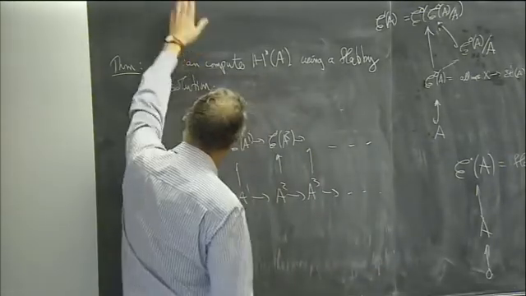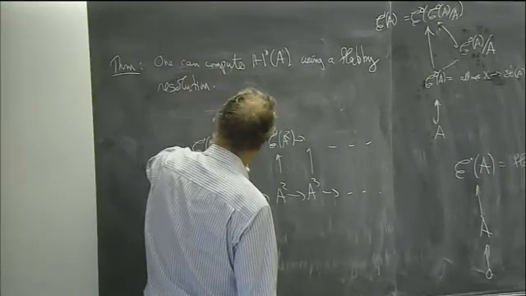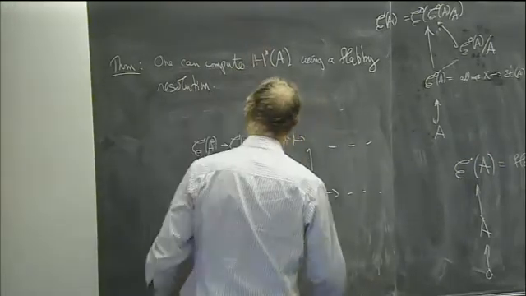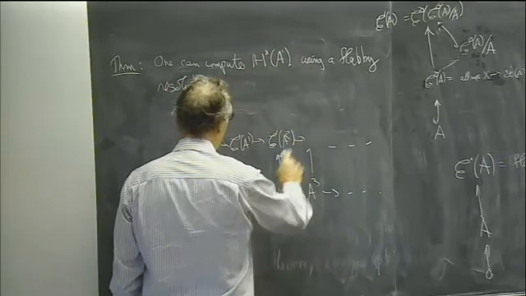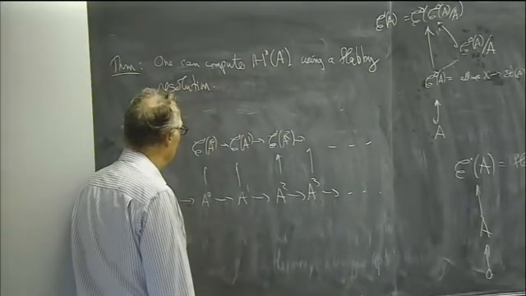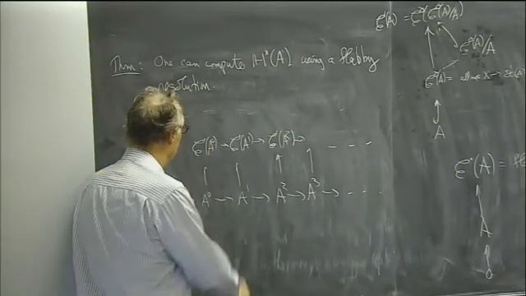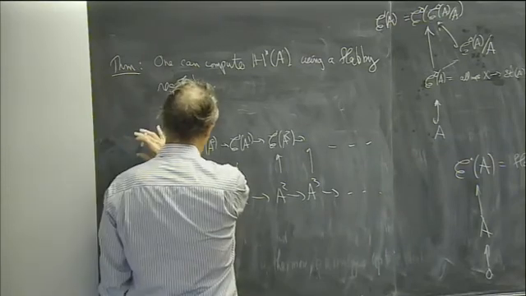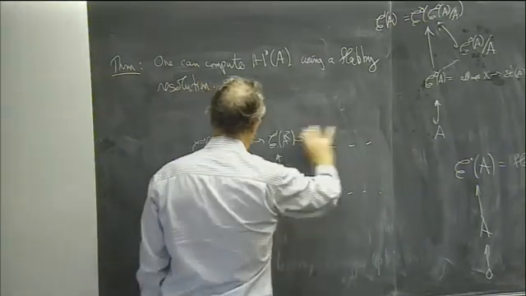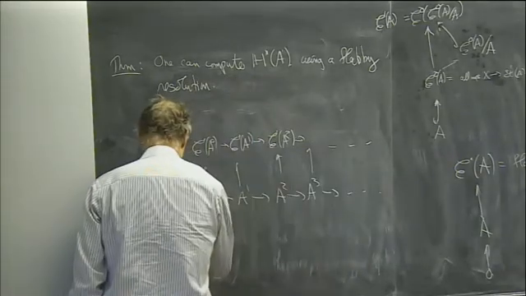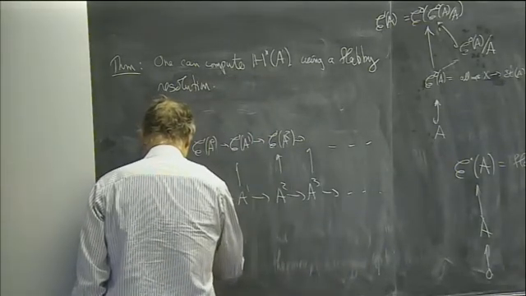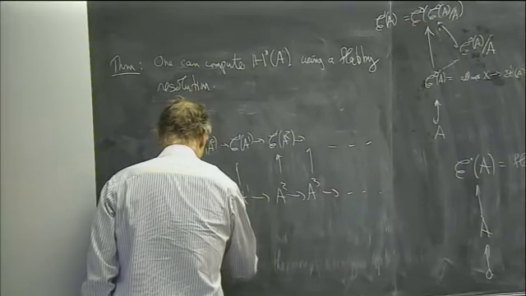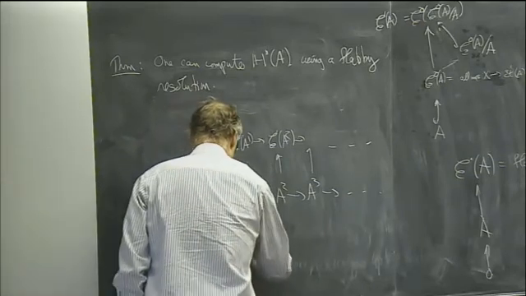So vertically, these are resolutions, and horizontally, they commute with taking cohomology, because this is an exact functor. So if I were to take cohomology in the horizontal direction, so if I were to take global sections and horizontal cohomology.